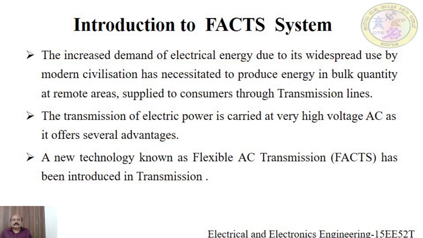In case of thermal power stations, we use the main fuel as the coal. This coal when burnt produces heat which will be converted into mechanical energy using steam turbines, then it will be converted into electrical energy.